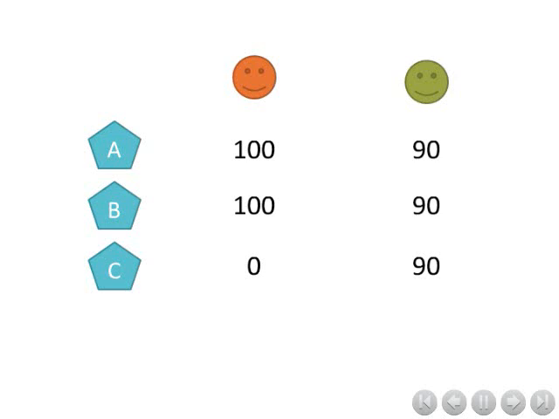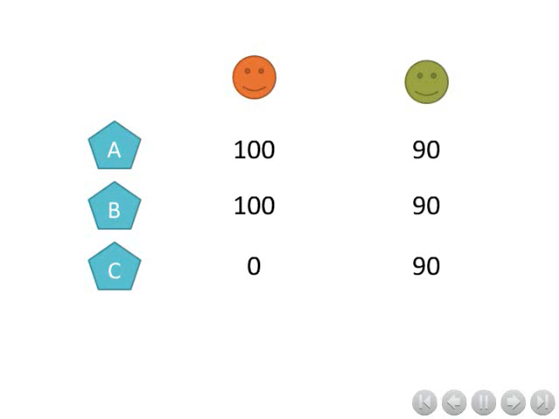Okay then, let's consider another objection. Consider an election between orange and green with a grand total of 3 voters. Voter A scores orange 100 and green 90. Voter B scores orange 100 again and green 90 again, so A and B are the same. Voter C scores orange 0, he really doesn't like orange, and he also gives green a 90. So, voters A and B love the orange candidate, and they really like the green candidate.